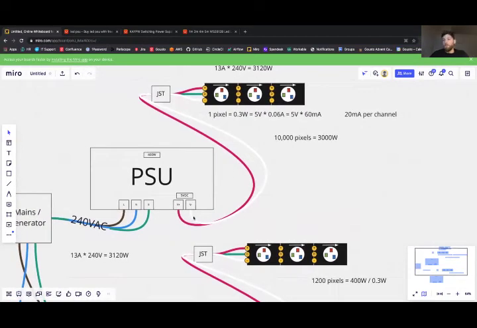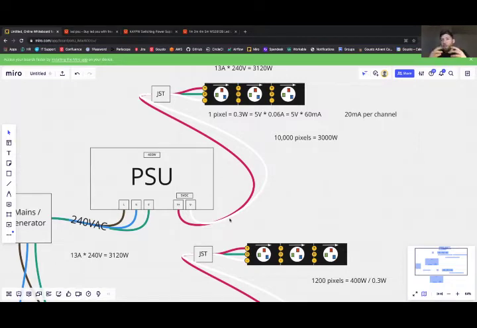So there's a phenomenon called voltage drop. Essentially, whenever current is passing through a resistor or a conductor, which a wire is, some of the energy contained in that current is going to be lost to heat. This is a physics phenomenon.